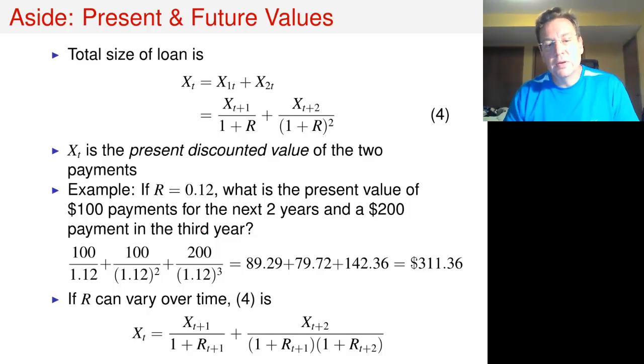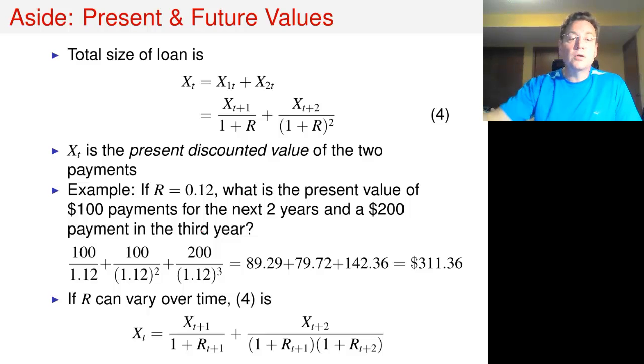A numerical example: if the nominal interest rate is 12%, what is the present value of $100 payments for the next 2 years, and then a $200 payment in the third year? We get a $100 payment next period and divide it by 1 plus R. The $100 payment 2 periods from now, you divide by 1 plus R squared.